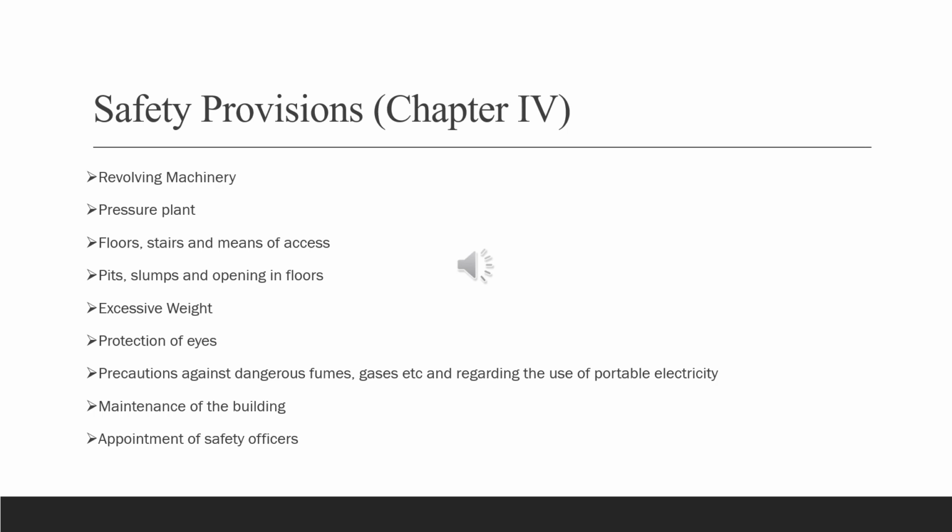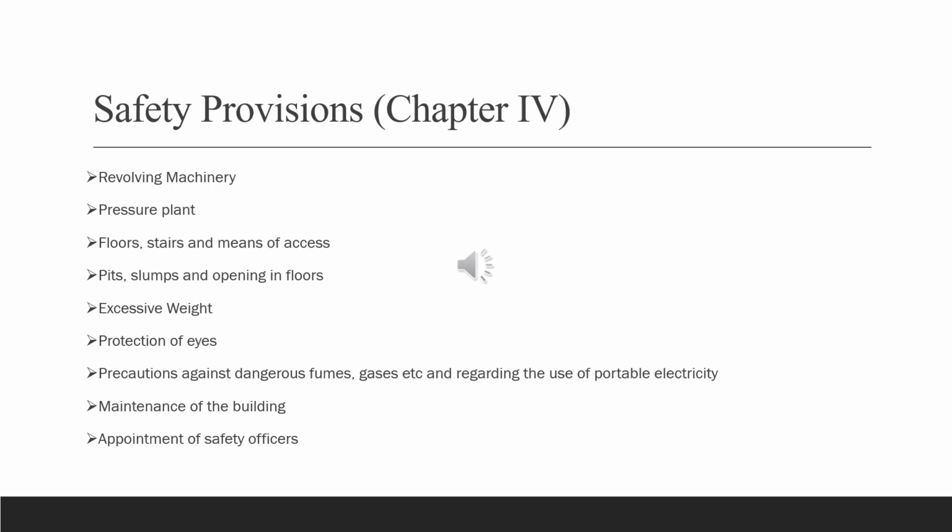No worker employed in the factory shall be made to carry or move any load which might cause an injury to him. If any process is being carried out in the factory which involves a risk of injury to the eyes from particles or fragments, suitable goggles or effective screens should be provided to the workers who are working in such circumstances.